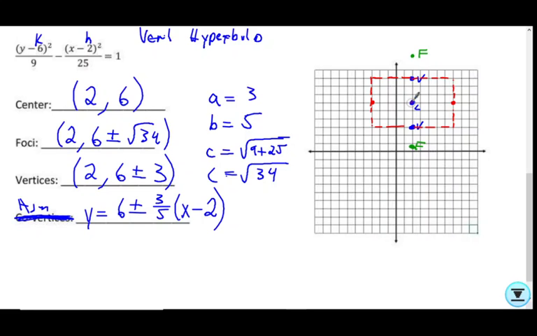And you can see that it does use a slope. We go 1, 2, 3, 5. It'd be here. But if you want to, we can use this box to draw these asymptotes. Like that. And again, to draw the curves, you start at the vertices, and then you follow the asymptotes.